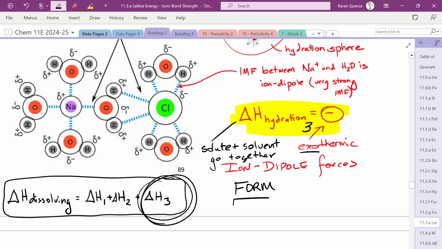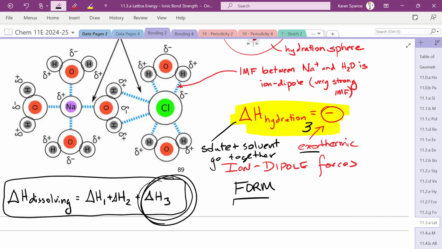Now, of course, there's another factor as well, and that's the fact that the universe also likes things to become more random. What's more random: a salt crystal sitting in water, or a dissolved salt crystal with all the little ions moving separately?